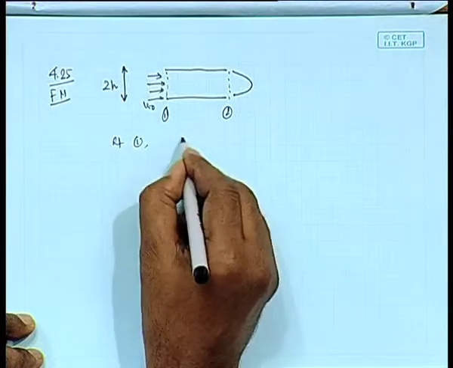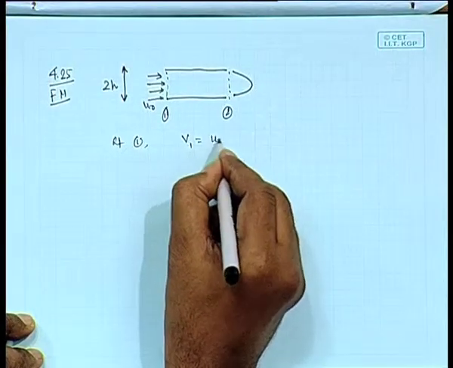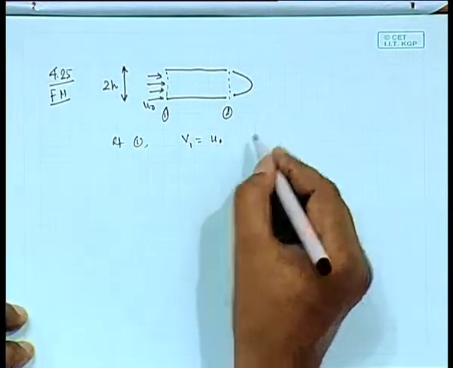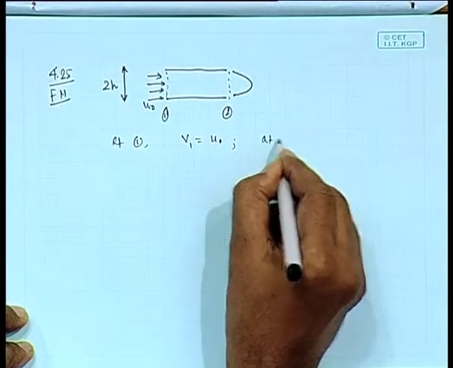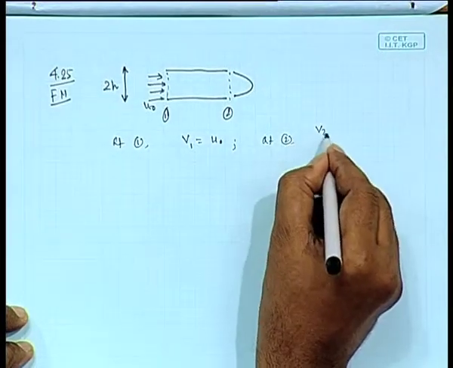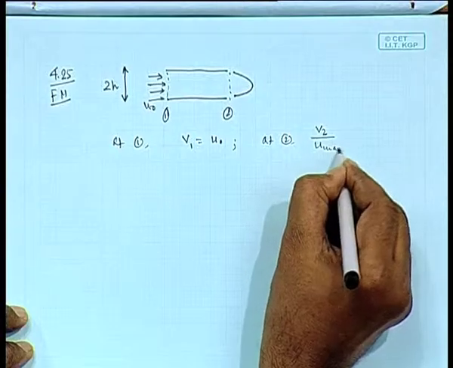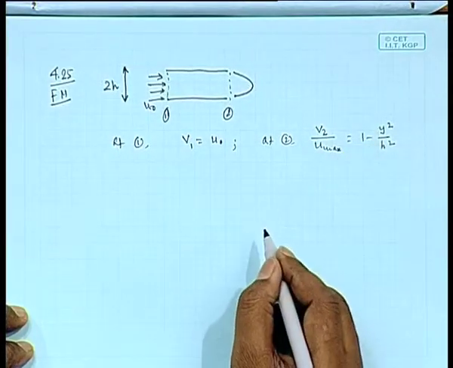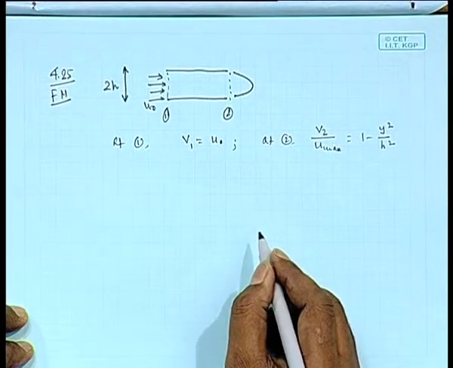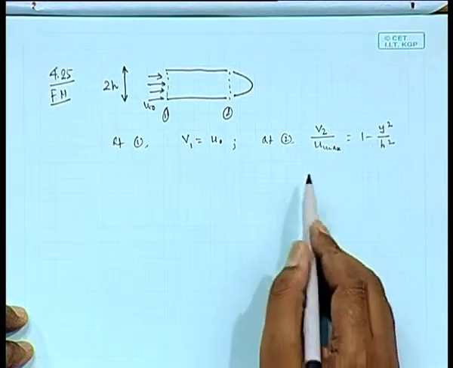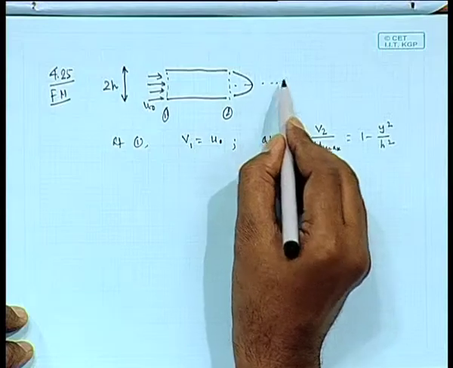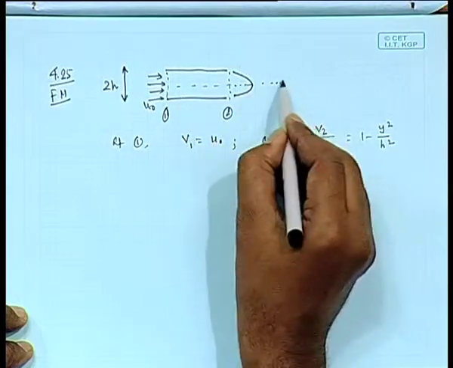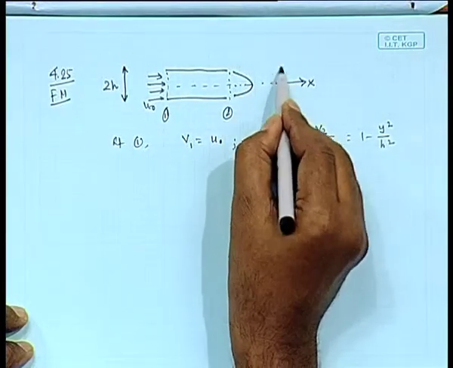So at 1, velocity v1 is nothing but u0, that is uniform velocity of plug flow. At 2 you will have velocity v2 by u max is 1 minus y square by h square. Okay. And y is measured from the central line. That means your coordinate system is fixed at the central line. This is x, this is y.